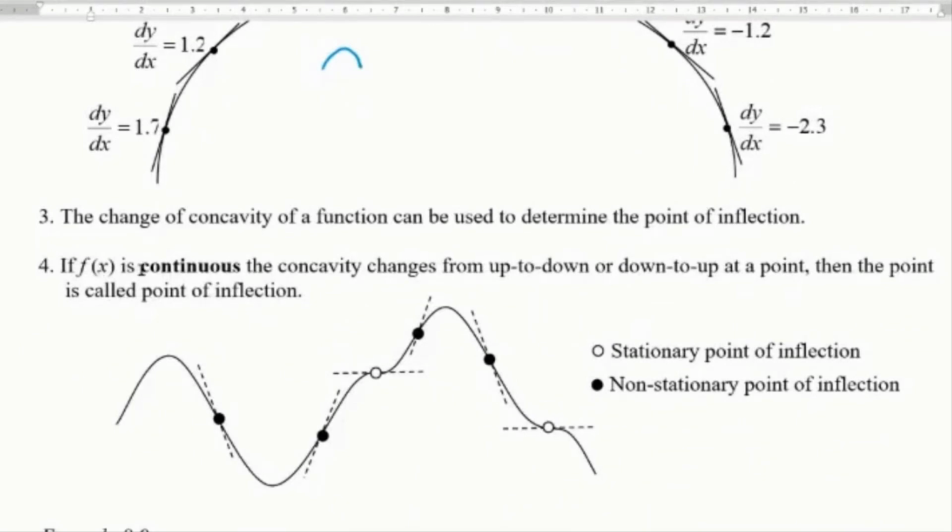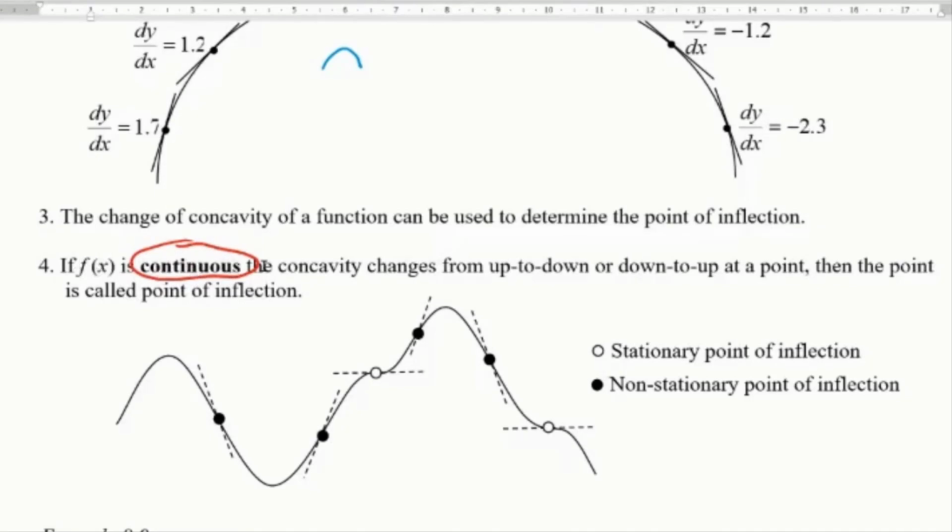If you want to identify the point of inflection, the condition is the function must be continuous at the point. If it is not continuous, it is not.